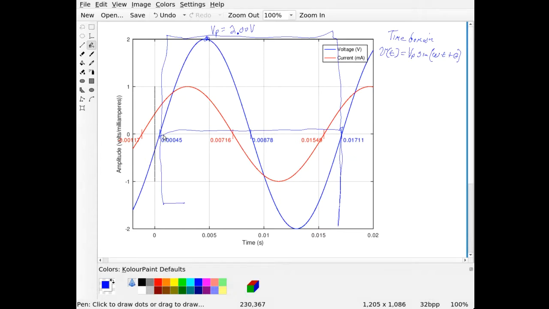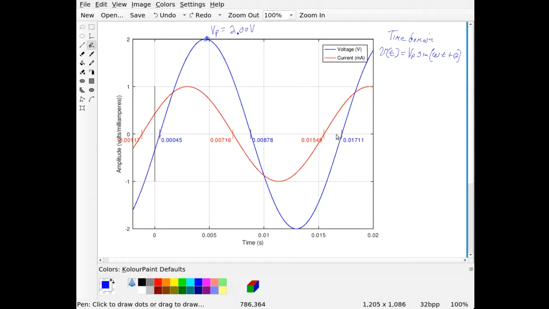You can see here that it's crossing at 0.45 milliseconds for the first time, and then it crosses again at 0.1711 milliseconds.